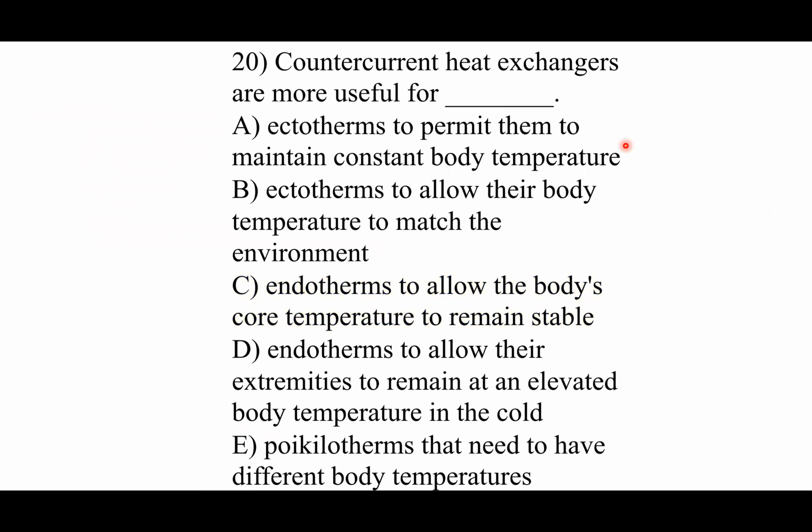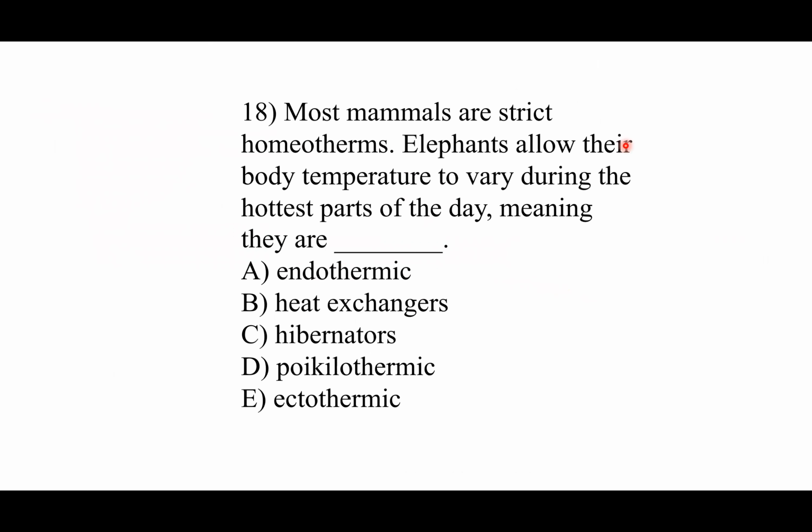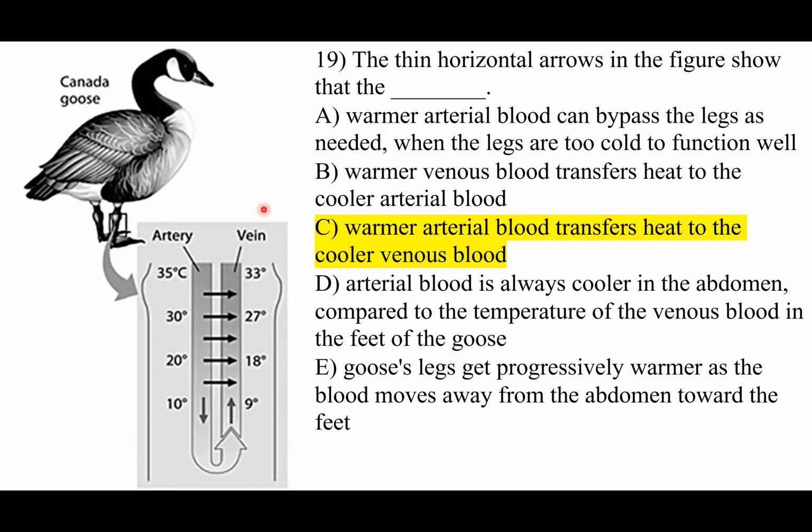And if we go back to question 17, 18, nope, it's 19. So arterial blood is warmer because it's coming directly from the heart, and it's received oxygen.